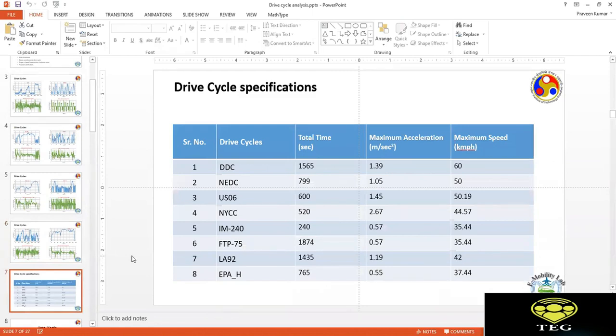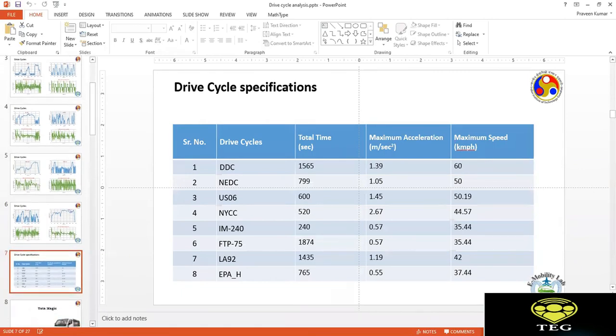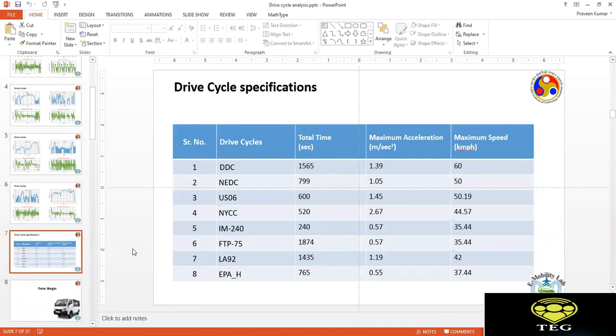Okay, so here in this table, we have summarized the important features and characteristics of the 8 drive cycles that we have seen. The first one was the Delhi drive cycle. The total duration was around 1565 seconds, the maximum acceleration was 1.39 meter per second square, and the maximum speed was 60 kilometers per hour.